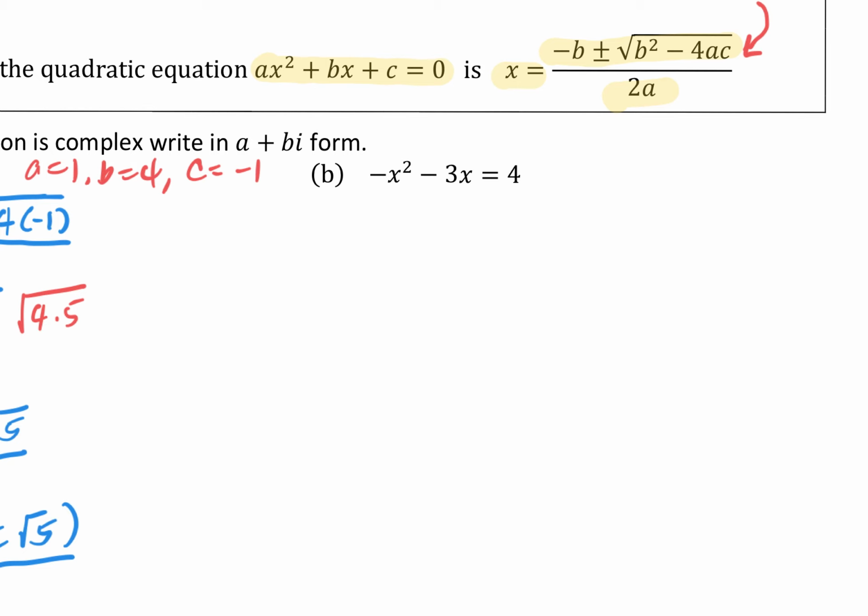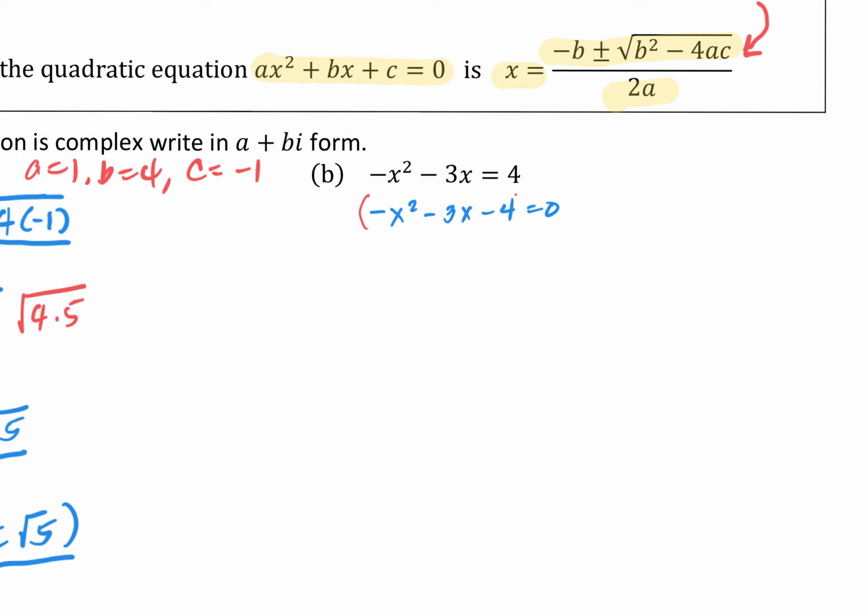And then part B, we have -x squared minus 3x equal to 4. Again, it's not in the correct form for me to identify the correct a, b, and c. So I would subtract the 4 from both sides and set it equal to 0. And this is correct, but I have a lot of negatives there, and I tend to not like working with negatives when I'm working with the quadratic formula.